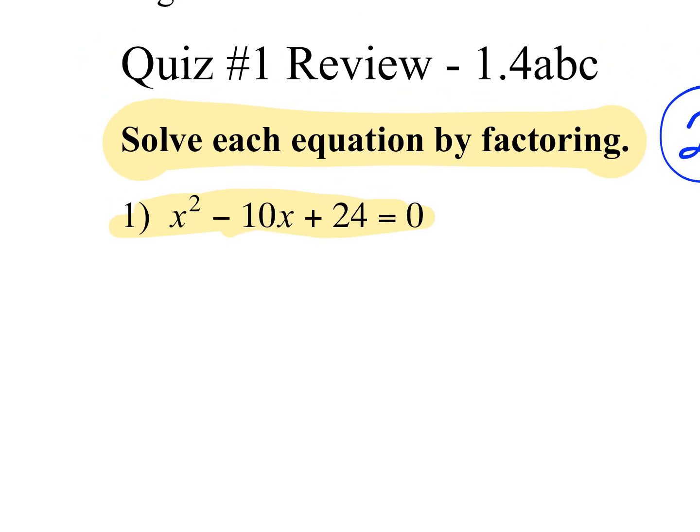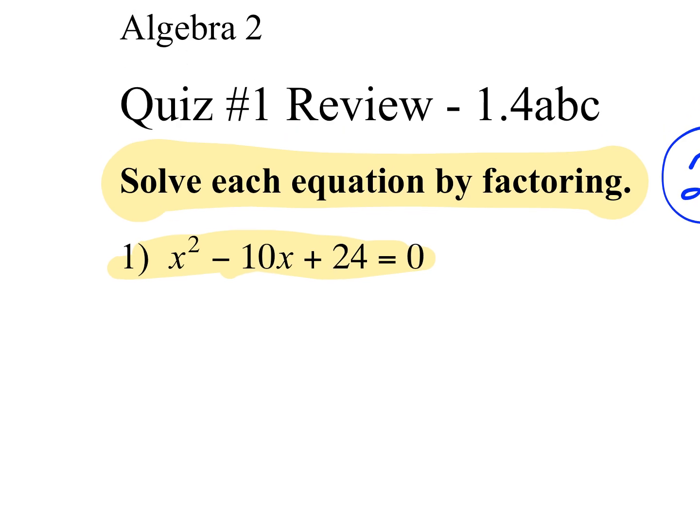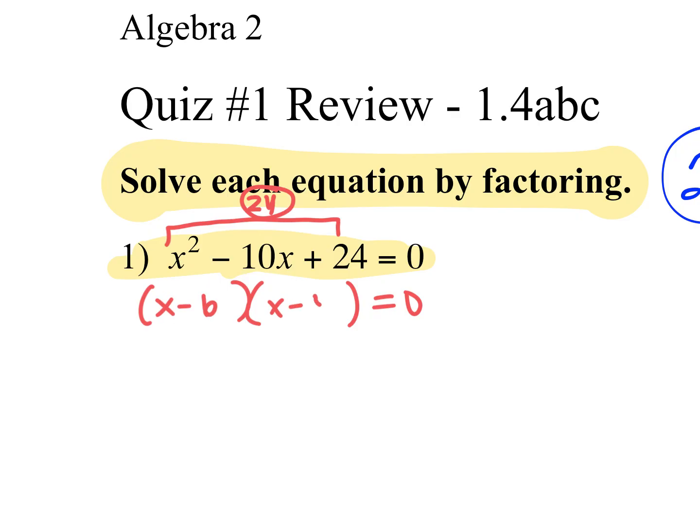So when we solve by factoring, we make sure that everything is on one side set equal to 0, right? Then we multiply A times C. So 1 times 24. What are the factors of 24 that multiply to give you a positive 24, but add to give you a negative 10? So x minus 6, x minus 4.